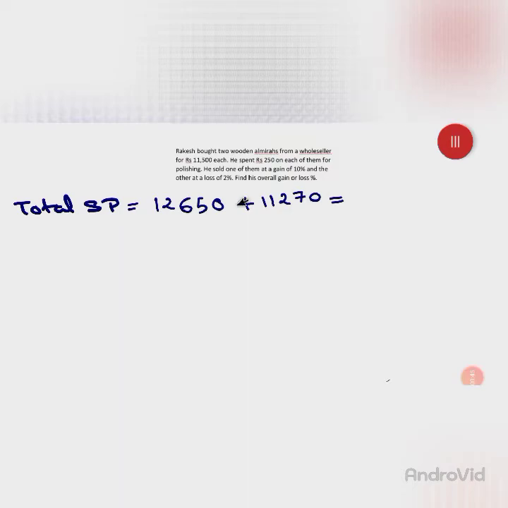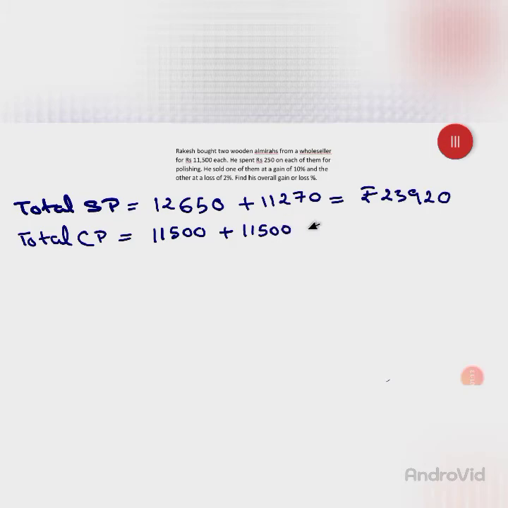Therefore, when we add these two, we get rupees 23,920. Now, our total cost price for both the almirah was same. Okay, rupees 11,500. Okay, so when we add both the cost price, we get 23,000.